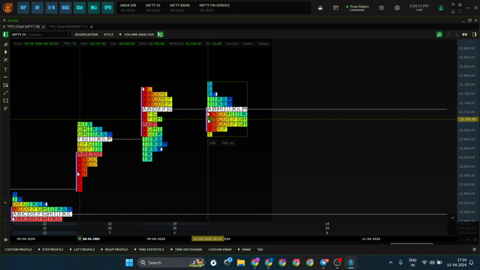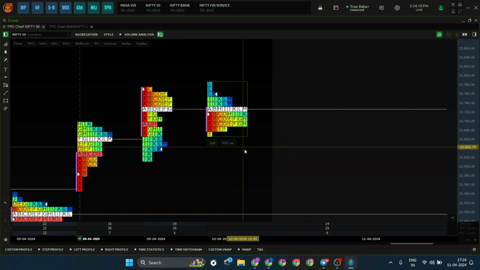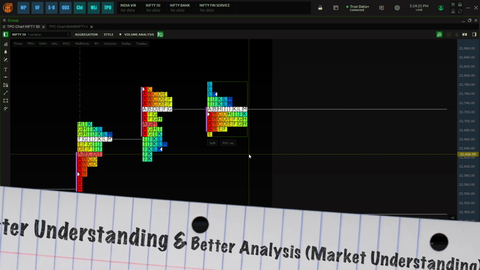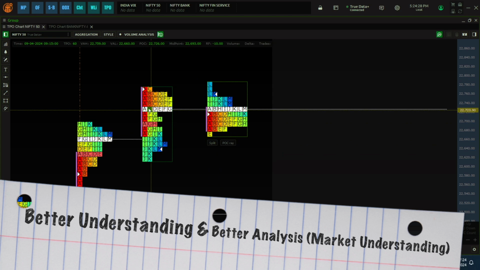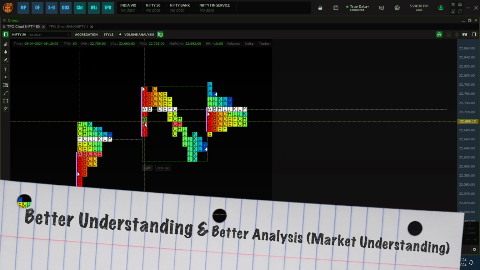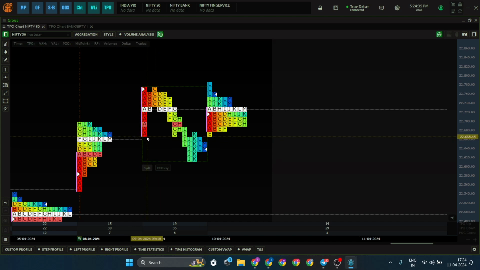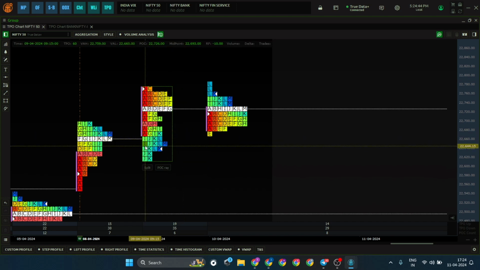Now, why is this formed in this particular structure? This is not possible in a candlestick chart, and that's the reason we use TPO charts for better analysis. So how is it possible? Let's say this is the A period. Once this A period's low is broken in any period, then that period, I, is placed here.